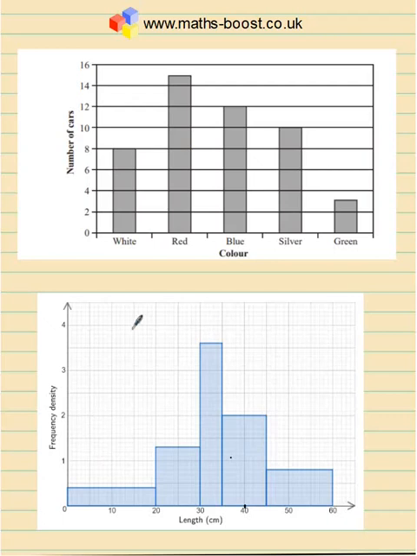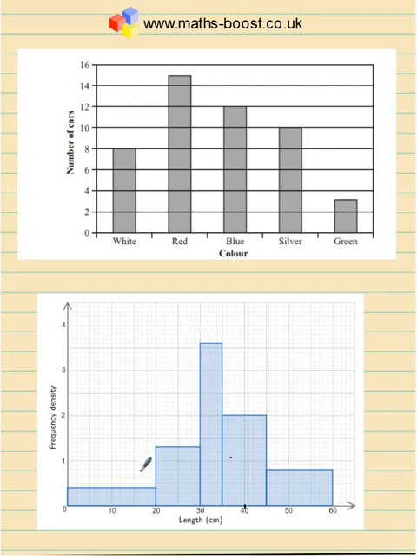And now look at this histogram. We've measured the lengths of various pieces of string for some reason. And the most important thing you must know about histograms, it's all about area. So you mustn't be fooled into thinking this bar represents the most. It's all about area.